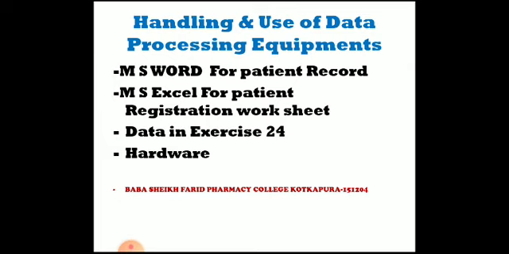Now come to the point hardware. Hardware is a computer system which is further classified like CPU. CPU means central processing unit. Second, peripheral. Now the next point, what is a CPU?